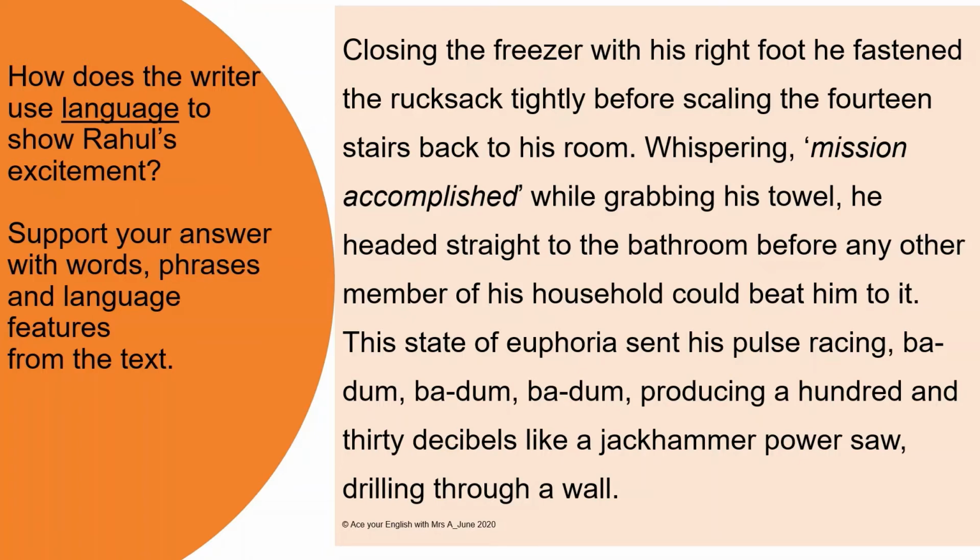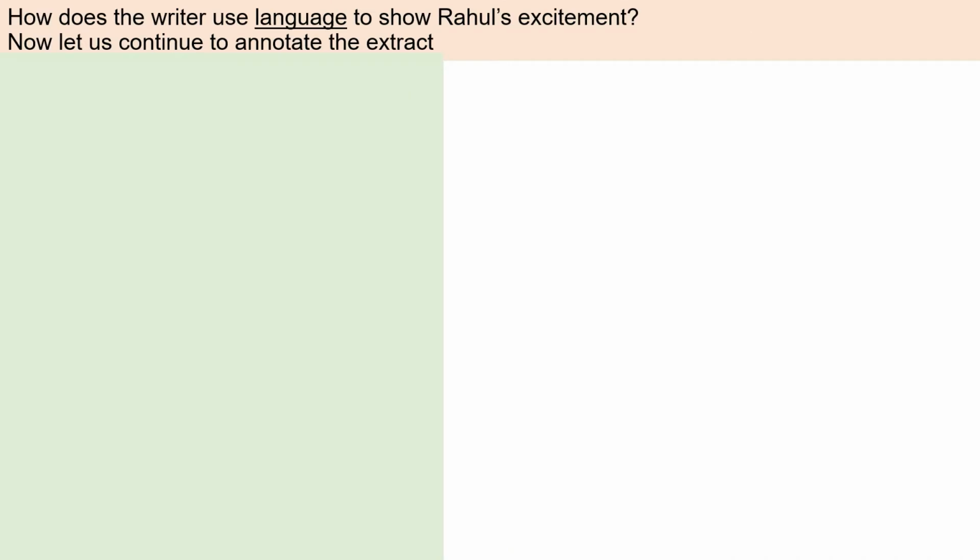So again, this tells us how he's acted or reacted after finding what he wants. And he says mission accomplished and some other words. So I wonder what you have identified, because I'm sure you were looking at some as I was reading. So let's see whether it tallies with what I've found here.